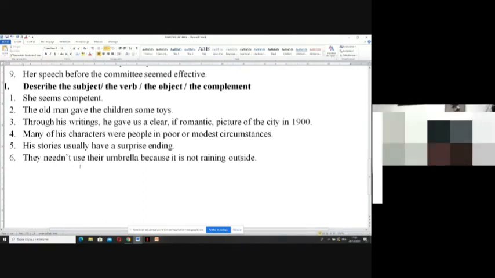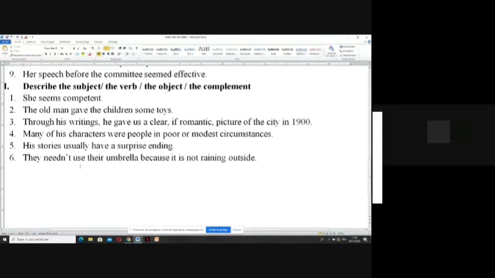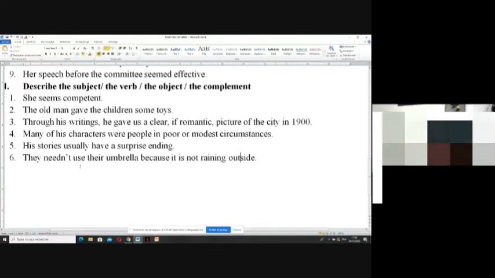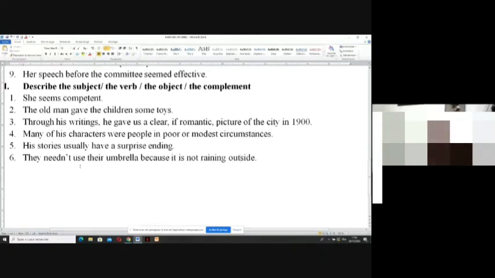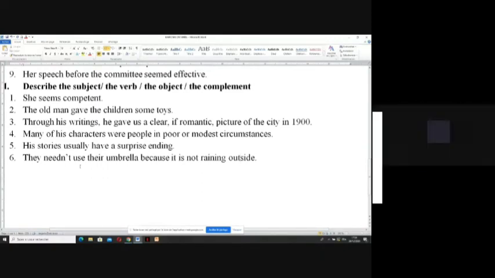Good, good. Yes, because it is not raining outside. Because, it's a preposition? No, because it's a subordinating conjunction. And then you go for the second half. It is not raining outside. It's a subject pronoun. Yes, subject pronoun.